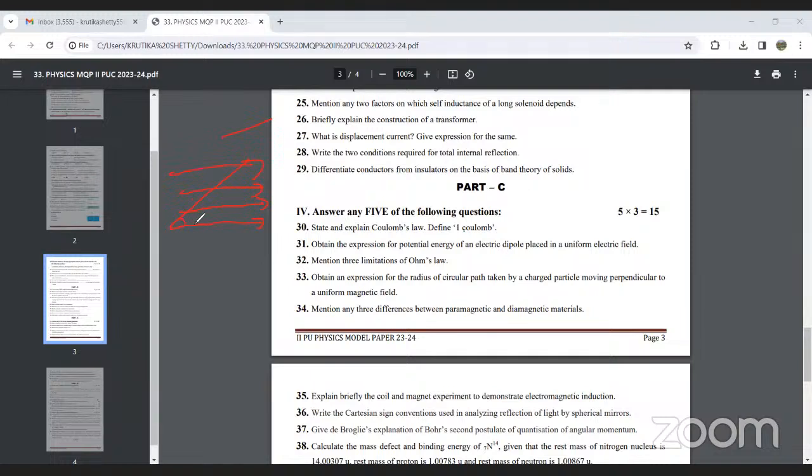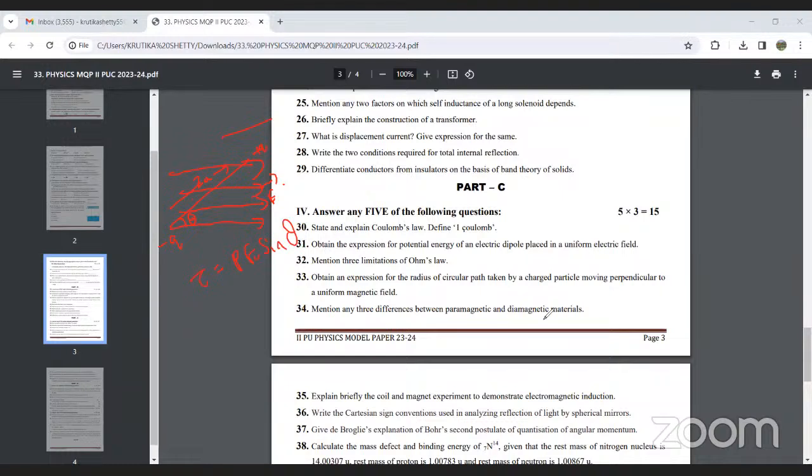It is making an angle theta. The separation between the charges is 2a. This is plus q charge and this is minus q charge. E is the electric field. As we know, the torque experienced by them is given by PE sin theta.